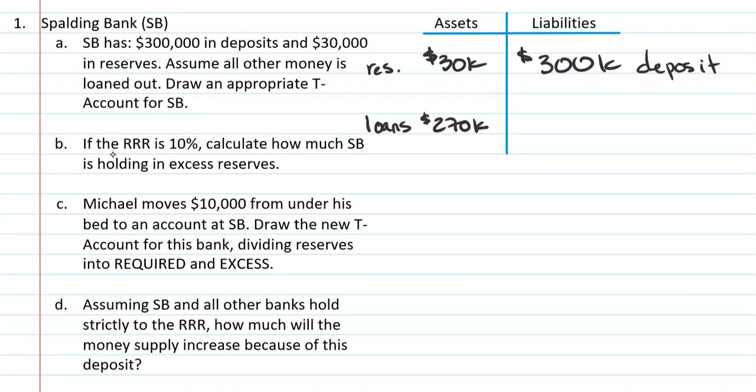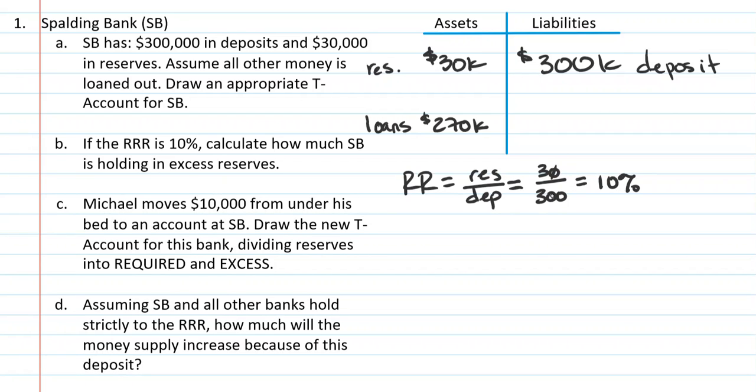Part B, if the required reserve ratio is 10% for this bank, calculate how much Spalding Bank is holding in excess reserves. So a reserve ratio in general is reserves divided by deposits. For Spalding Bank, that would be 30,000 divided by their 300,000, which is 10%.